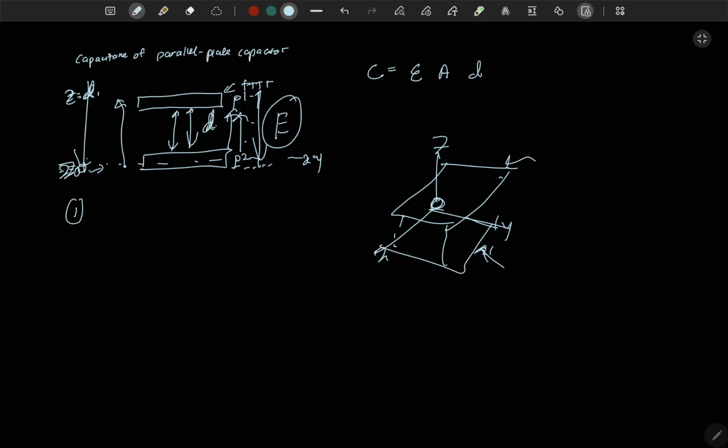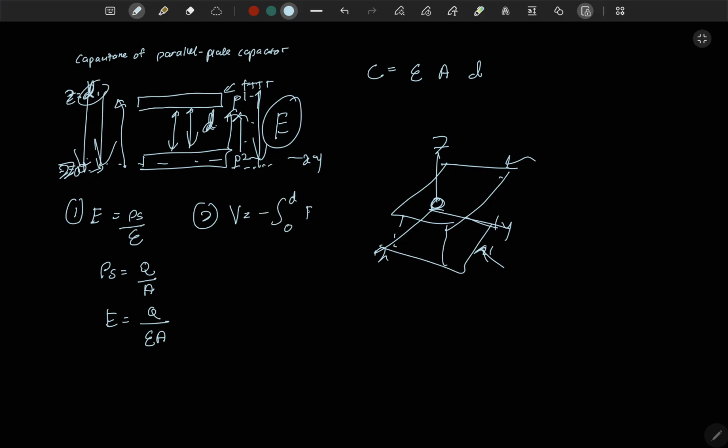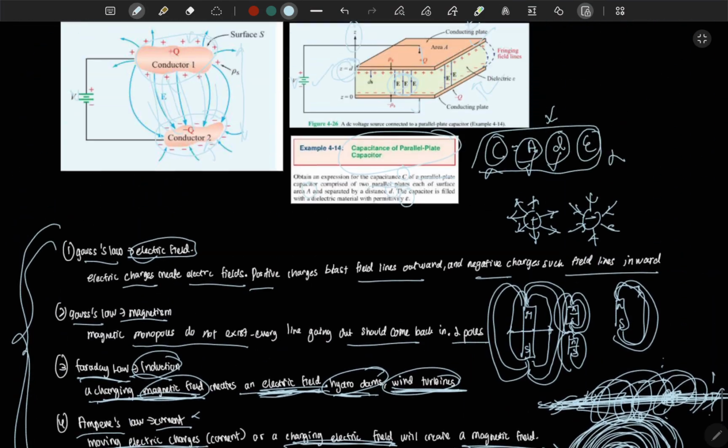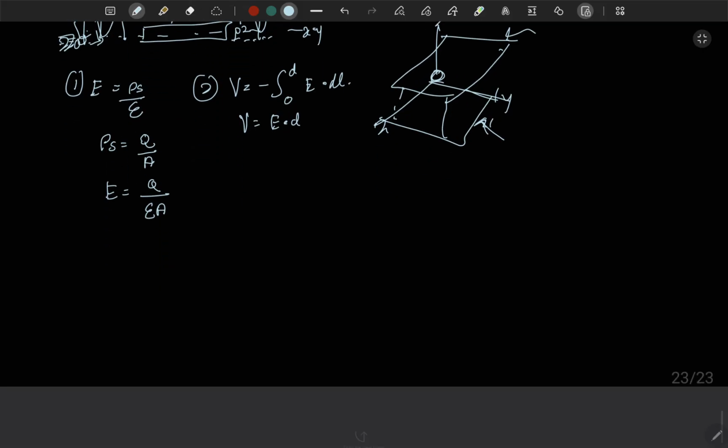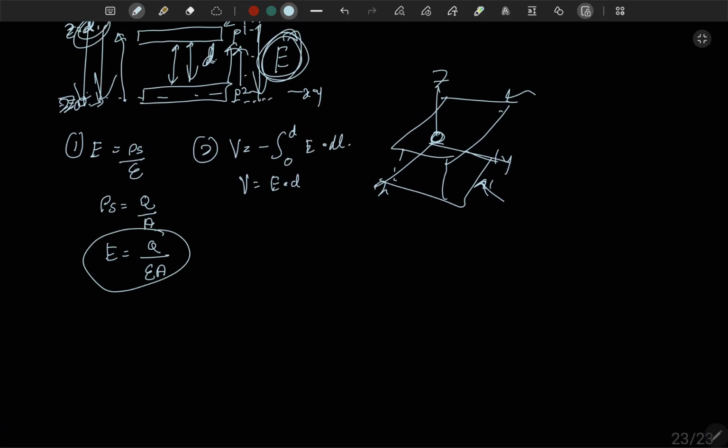We need to know that the electric field E is equivalent to the surface charge density ρs over the permittivity, where ρs is equivalent to Q over A, so E is equivalent to Q over permittivity and A. The second thing to remember is that V is the integral of E from 0 to D, so V is equivalent to E times D, the electric field times the distance, which is quite easy.